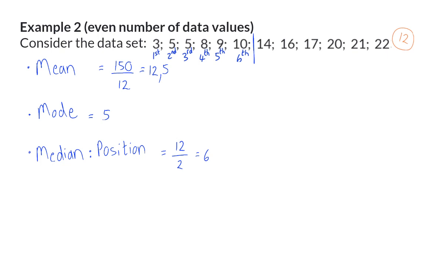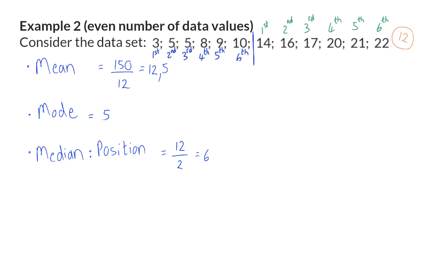Directly after value number 6, the median will divide the set of data into two groups. The value of the median will then be exactly in the middle of the 6th and the 7th values of the set of data, and to get that middle we will take 10 and 14 added up and divided by 2. That means the value in the middle will be 12.